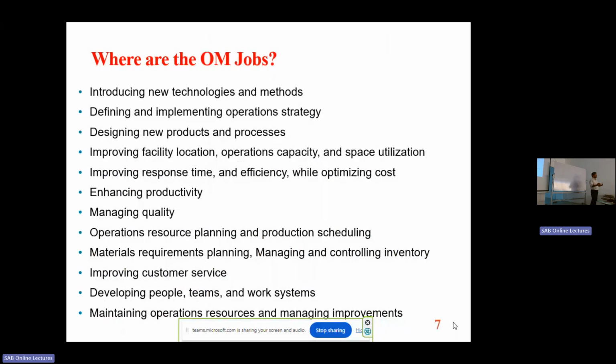Technology, customer requirements, competitors, industrial regulations, everything is changing faster. So operations managers face a lot of challenges when making those decisions and implementing them. The real nature of it is much more complicated.